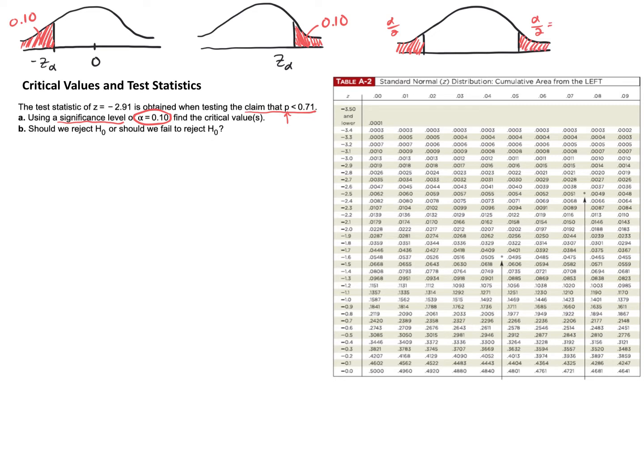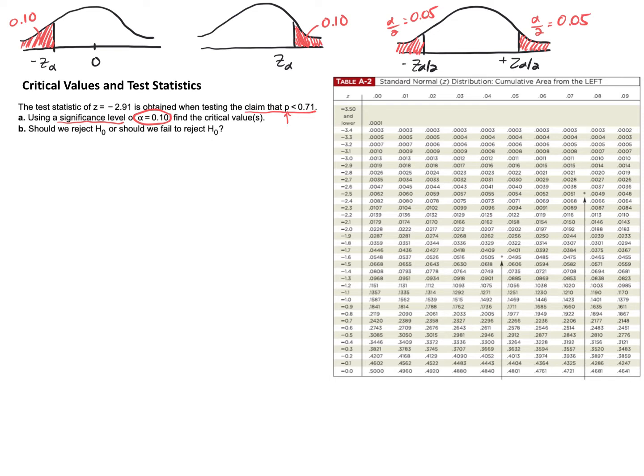So half of 10% is 5%, so that would be 0.05 in each tail. So the critical values, you're going to have a negative z sub alpha divided by 2 and a positive z sub alpha divided by 2. So you can find these critical values by using the z-table. I will show you how to use the z-table and then also how to use this on the calculator.